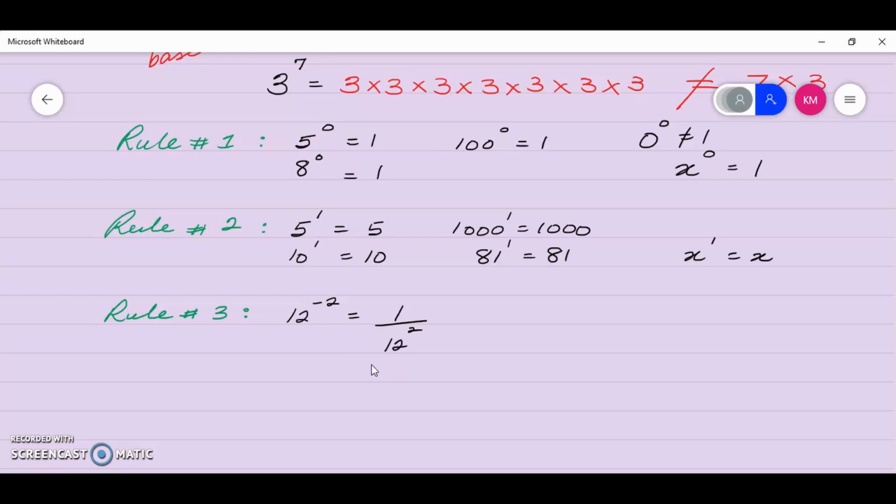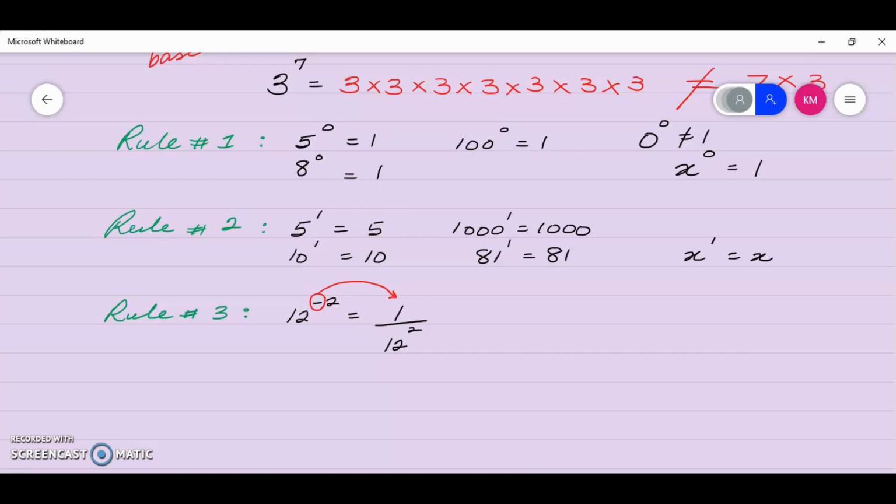We can think of it as the negative sign simply giving a numerator of 1. So we just put 1 as our numerator and we use 12 to the power 2 as our denominator.